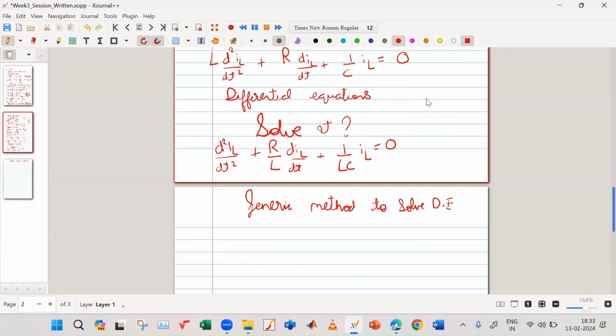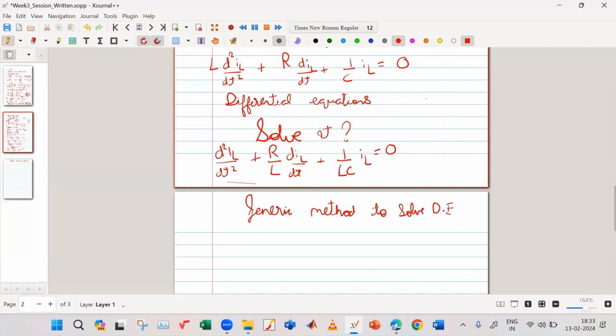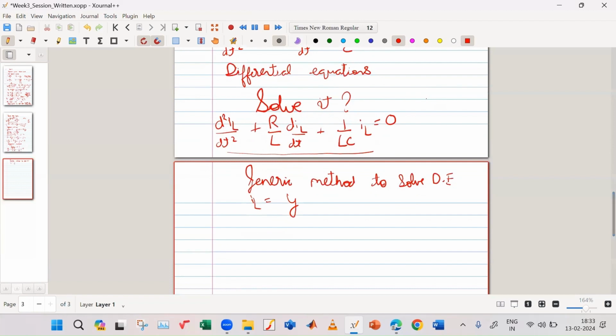So look at this differential equation. It is a second order differential equation. Assume instead of IL, I replace IL by the value y. And R by L and 1 by LC, I just replace by some constants.